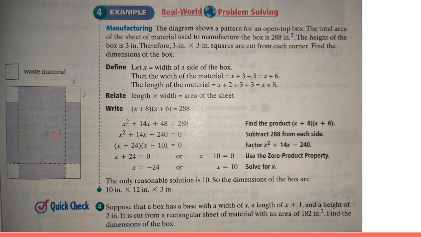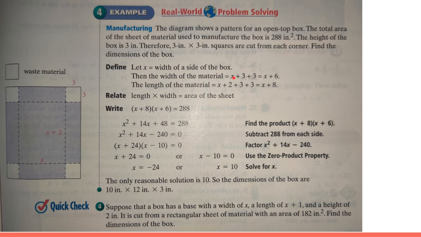So what we know is that the material, the area of the material, is 288 square inches, which means the length of the material times width of the material equals 288. What we do know is that the width of the box is going to be x, and since we cut off 3 inches from both sides, the width of the material is going to be x plus 6 right here.